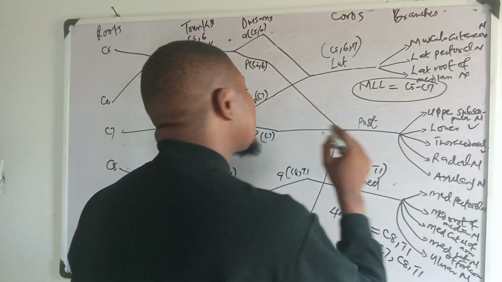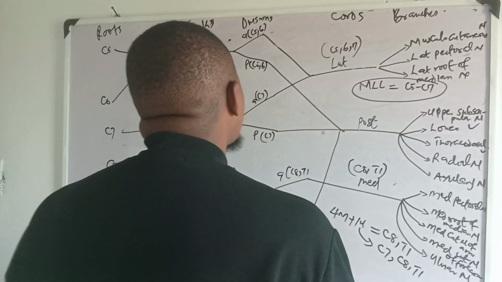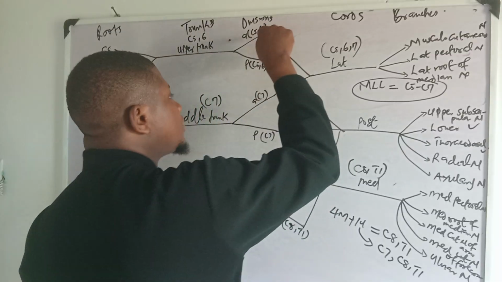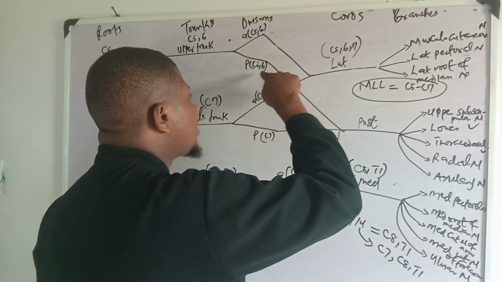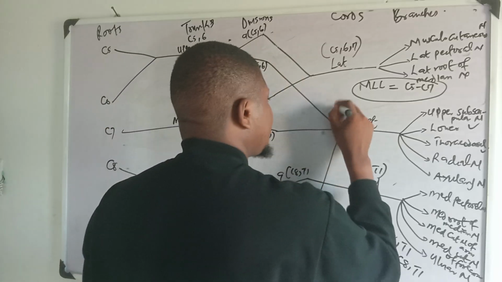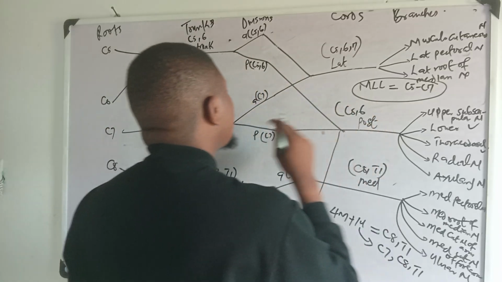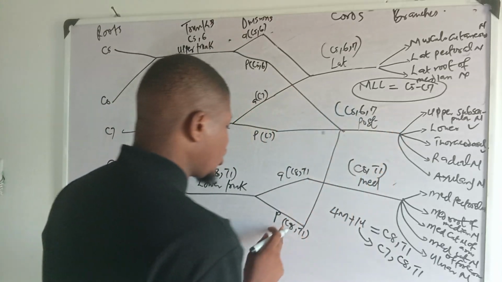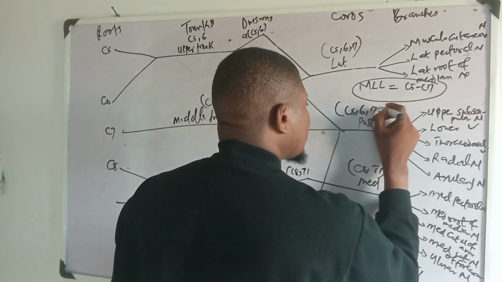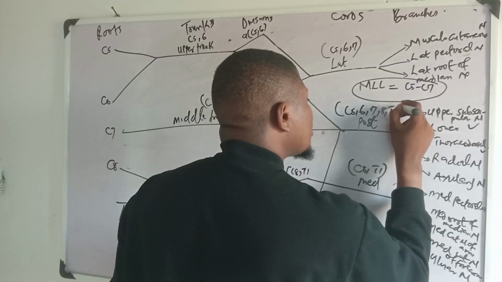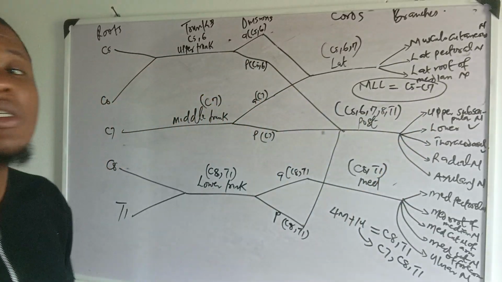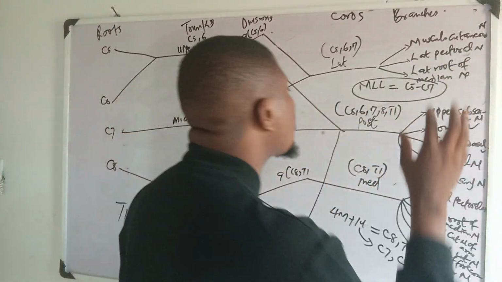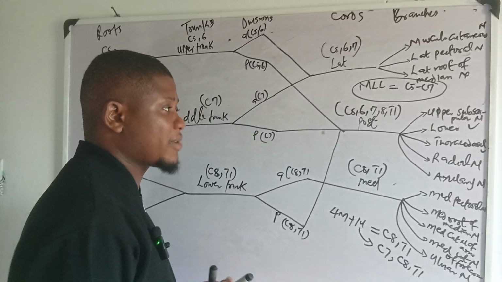Then for the posterior cord, remember, what forms the posterior cord is the posterior of upper, which is C5, C6. Then the posterior of middle is C7. Then the posterior of lower is C8, T1. So the posterior cord has all the nerve roots from C5 to T1.